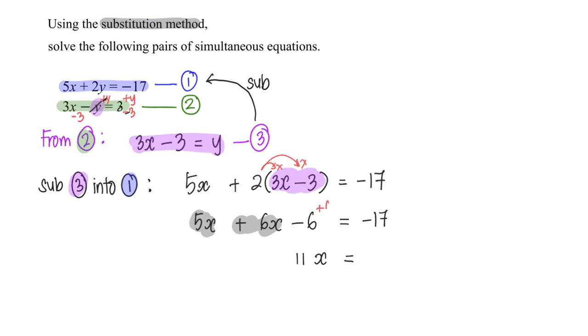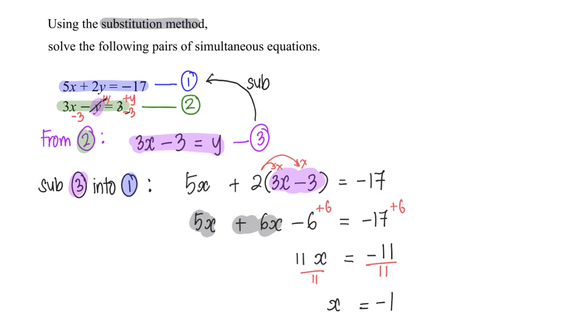I'm going to plus 6 on both sides. So that on the left hand side there's no more 6. And this will become negative 11. And after which I'm going to divide by 11 on both sides. So x will be equals to negative 1.